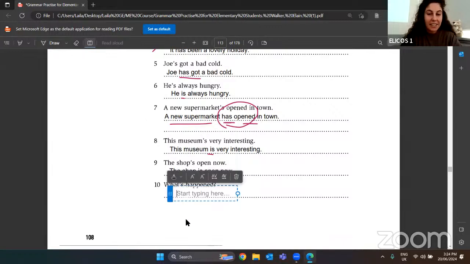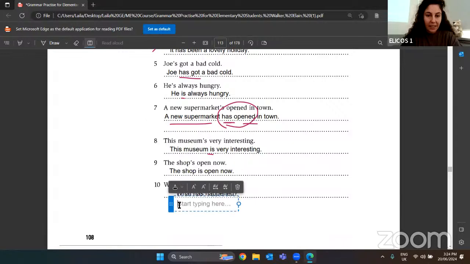A common expression: we say what has happened. You can also say what is happening, but be careful, because this is a different grammar. This is the continuous with the -ing, which uses the verb to be.